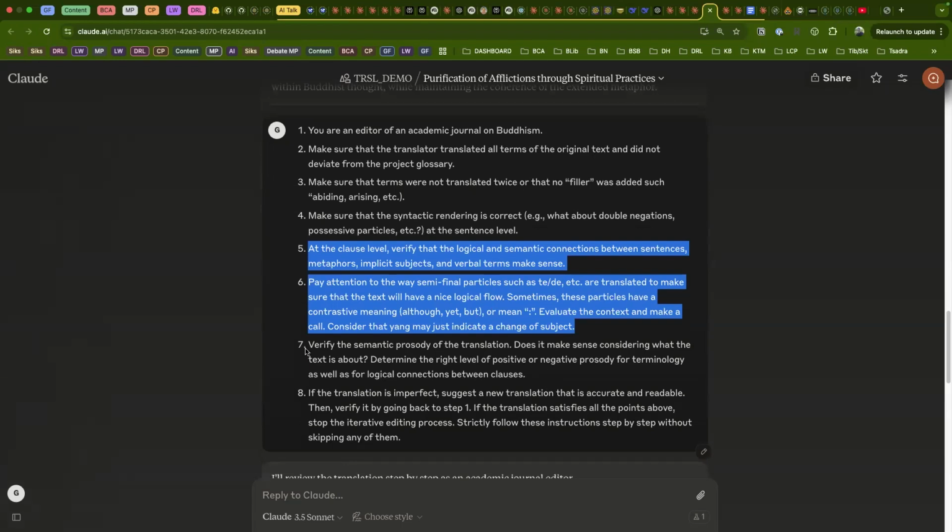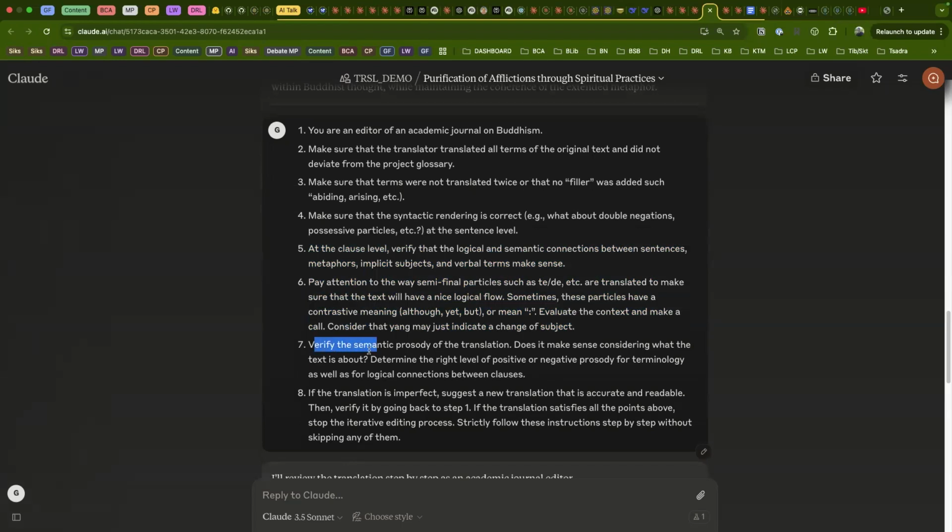Another thing I realized could be important is to verify the semantic prosody of the translation, whether it's negative or positive. Sometimes the model is going to use a term in English that is not positive for something that actually is positive in the original text. So we want to be careful about that.